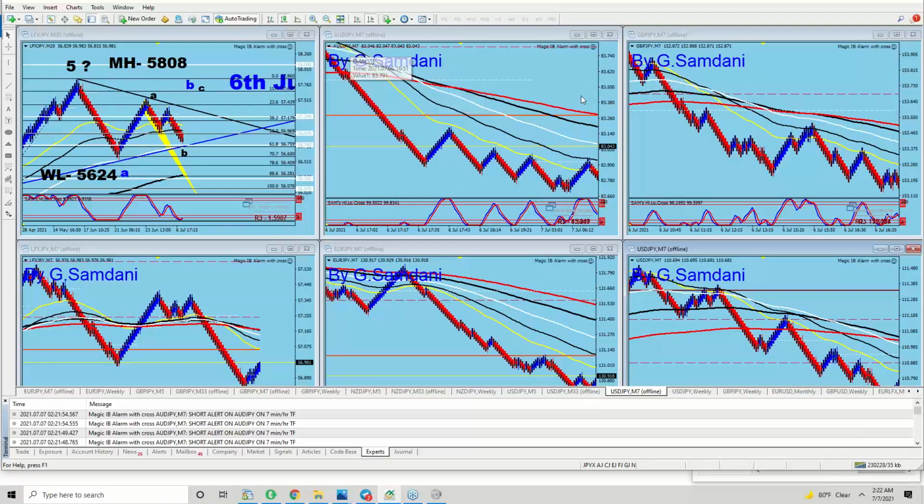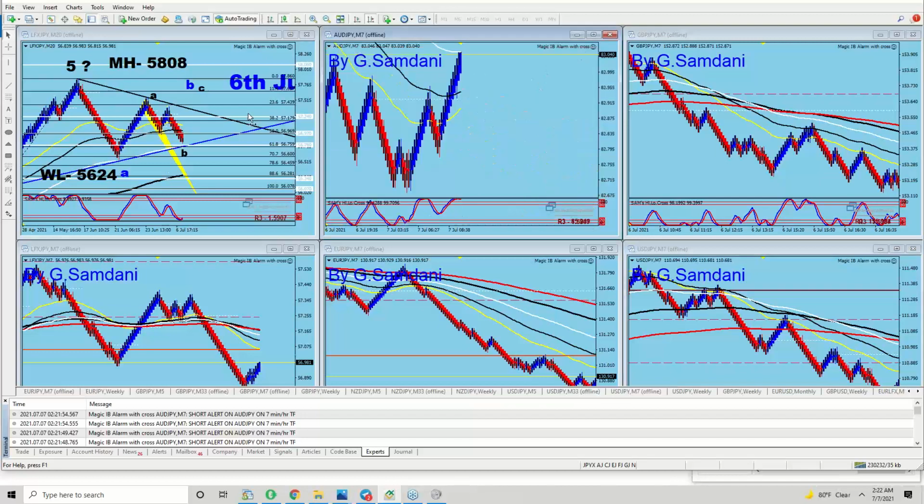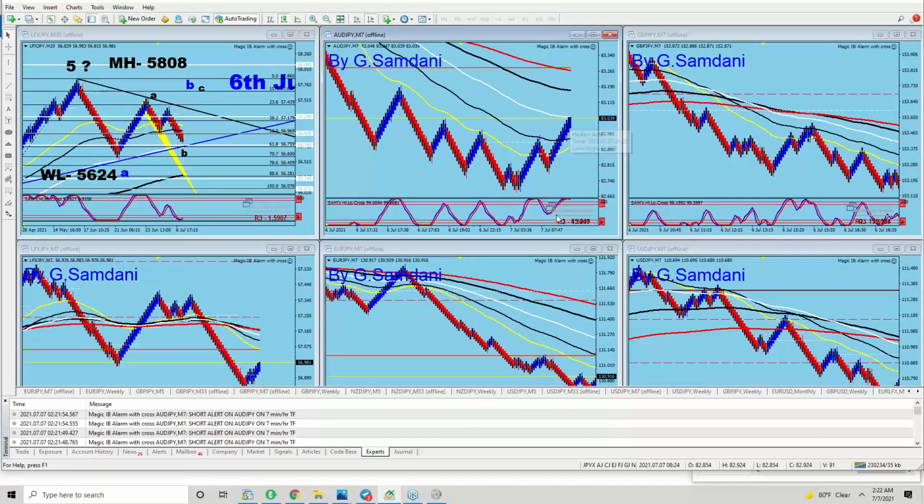Aussie yen 7-minute. Right, and see here, it's up there, and it might turn. So it's before the turn, the alarm is beeping here, right? You can see here this 7-minute. Okay, so yeah, that was the one that was beeping, Aussie yen.